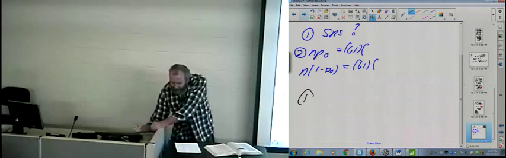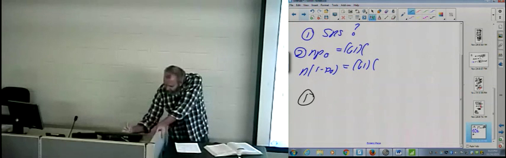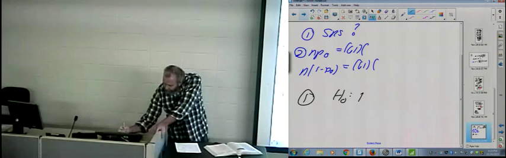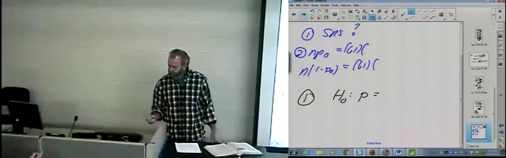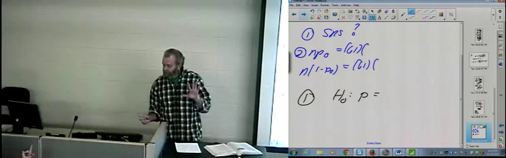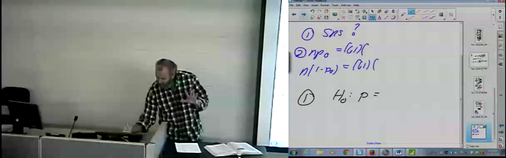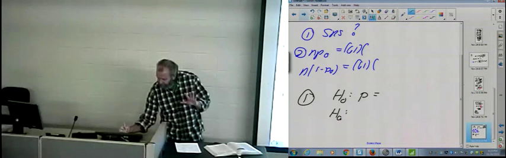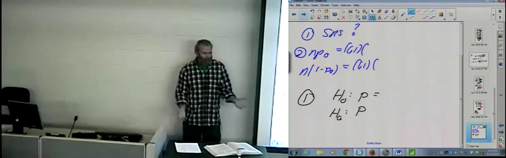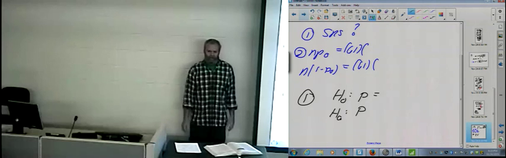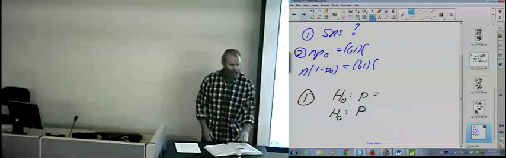If I state the hypothesis here, the null is p is equal to, what was it? And then the alternative is just p. Before I wrote a mu there. When you're trying to make claims about a population proportion, you use p. I'm going to back up here.